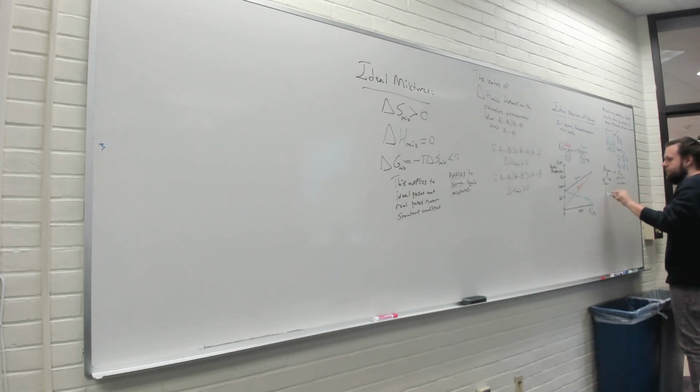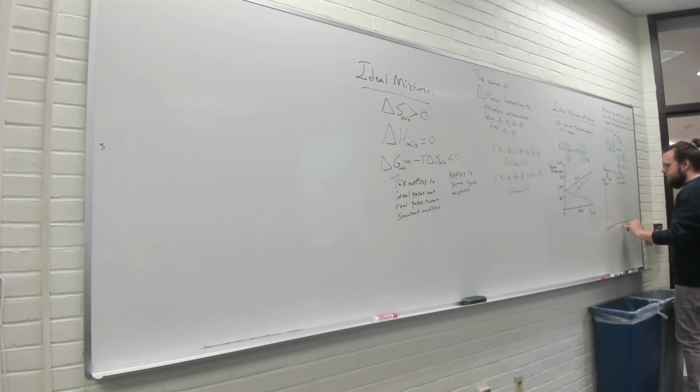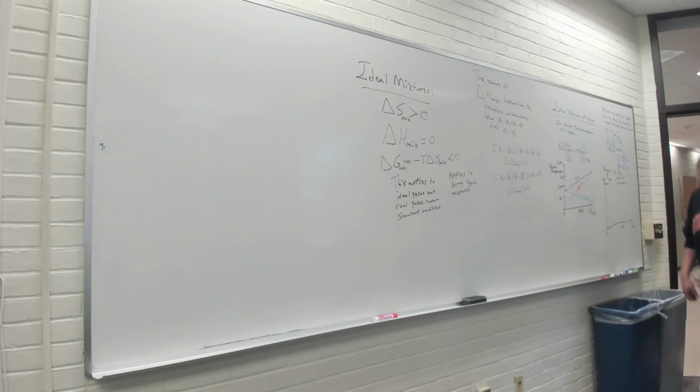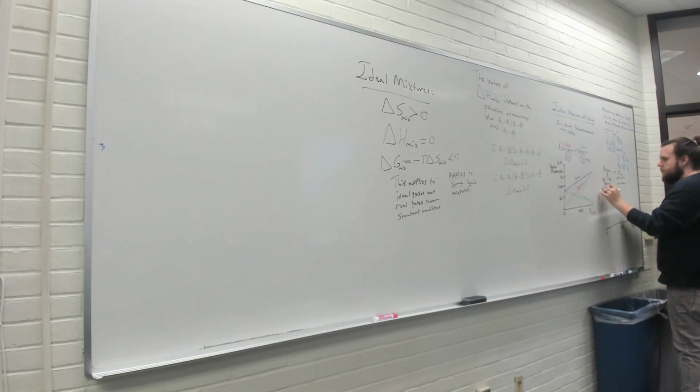So if I draw a similar plot, I'm going to plot the mole fraction of carbon disulfide. And again, let me make sure I get my vapor pressures right. This runs from 500 to 0. So this is vapor pressure.